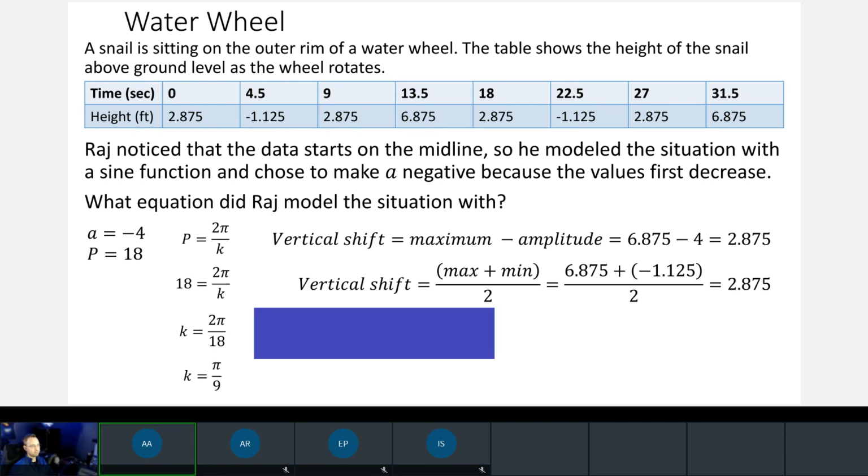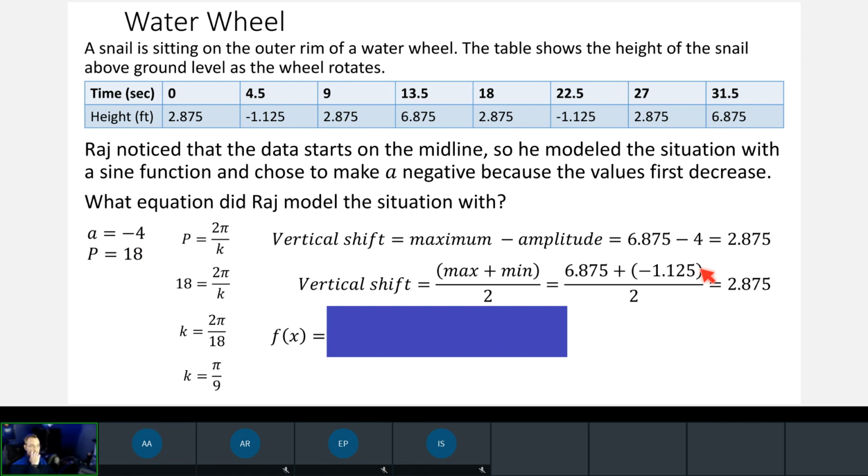Question really quick. This is the amplitude, right? Negative 4? Okay, it's maximum minus amplitude. So wouldn't a minus become positive? So the amplitude is in fact 4, but because in this problem we're making it negative, and that's because in the table or graph it starts off by going down and not up.